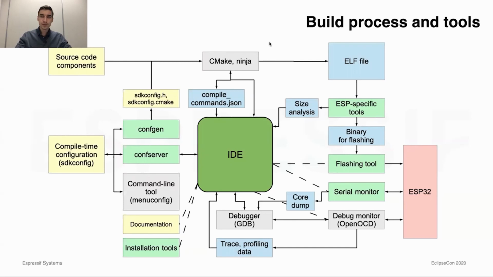Then on the right side, you see the parts that are related to running the program on the development board and to debugging. The GDB integration, again, is the existing part we are using, but for other aspects like size analysis, flashing, serial monitor, and tracing, we had to implement some custom logic and the UI in the plugin.